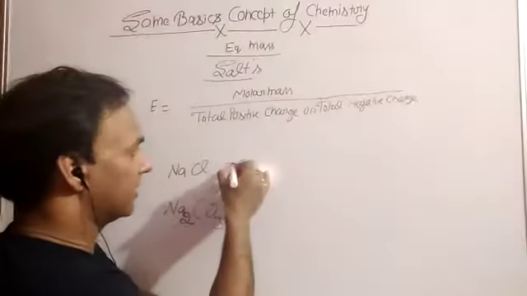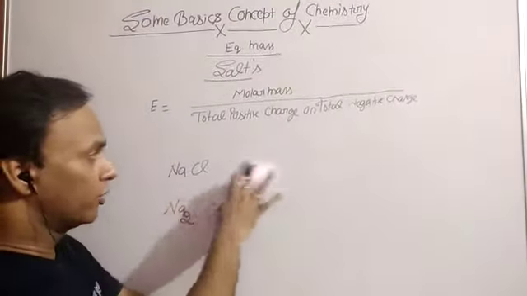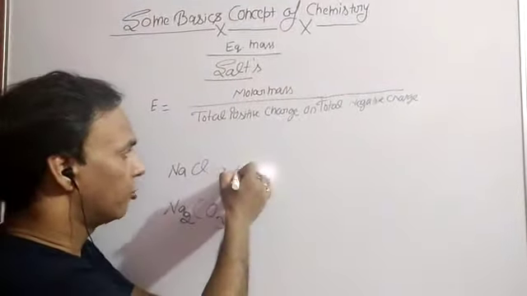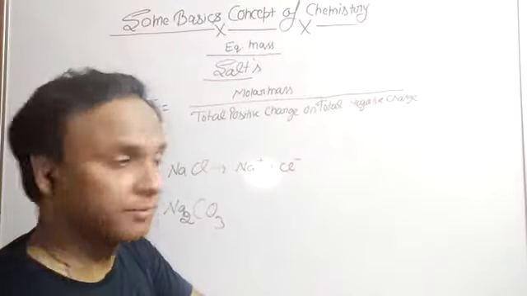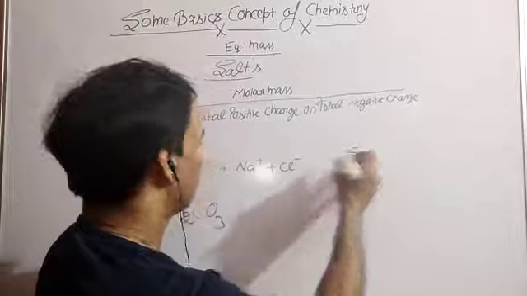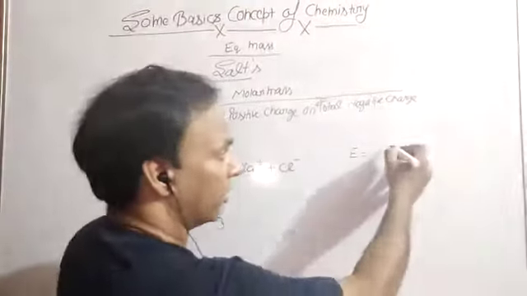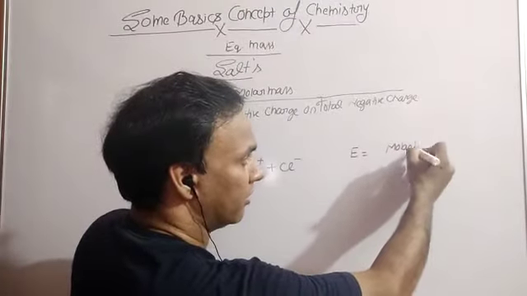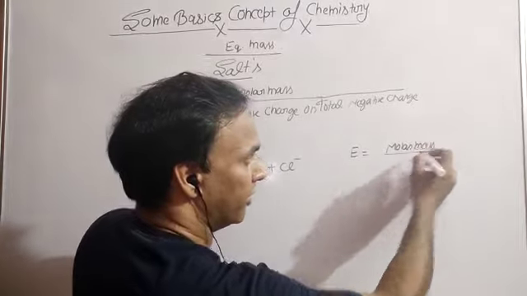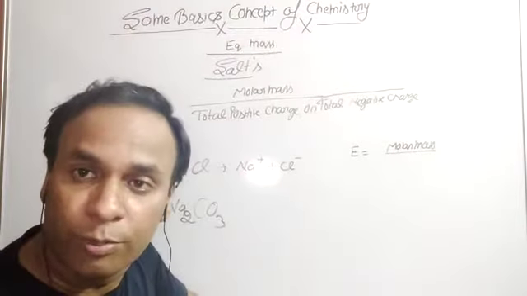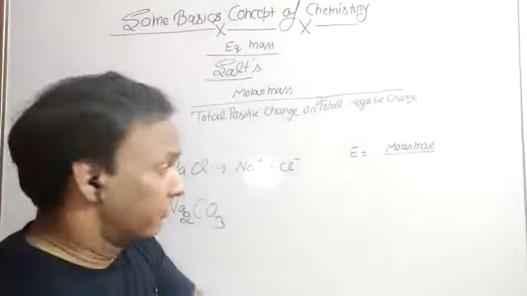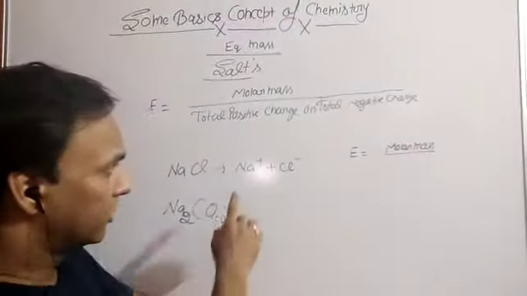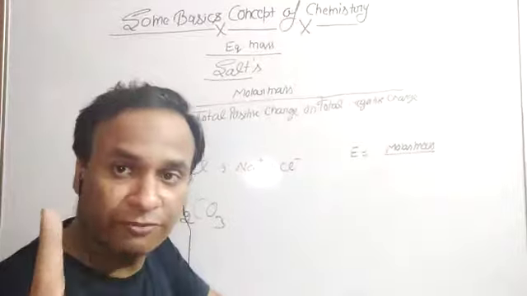Listen, example: when sodium chloride gets decomposed, it forms Na+ and Cl-. Clear? Now the equivalent mass of sodium chloride is the molar mass of sodium chloride upon either total positive charge or total negative charge. When we observe the total positive charge, sodium consists of only +1 charge.